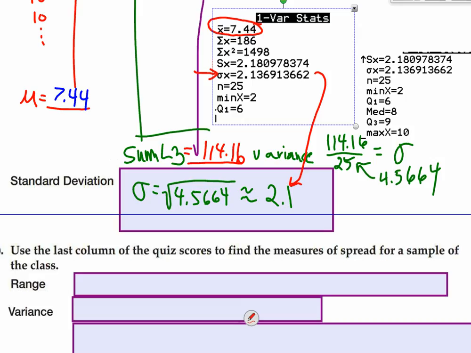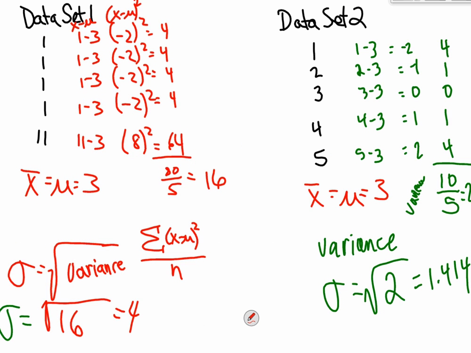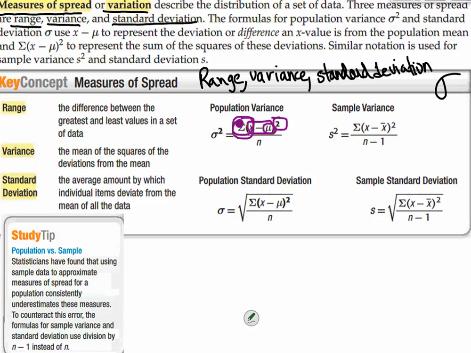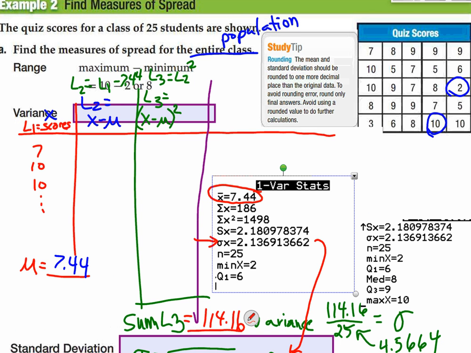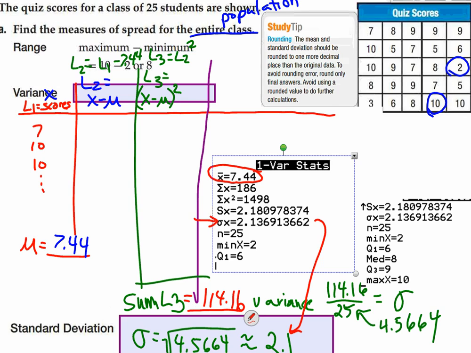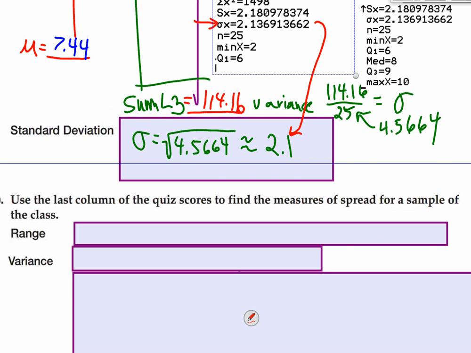If it had been a sample using those 25 pieces of data, not like this next question it's going to ask you, but if this were asking us to find the sample standard deviation, if you remember, the only difference between the standard deviation and the sample standard deviation is that at the variance here, instead of dividing by n, we divide by n minus 1. And so in this one on the calculator now, it's giving us that sample standard deviation as well.